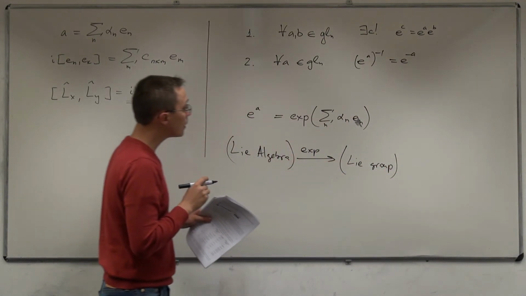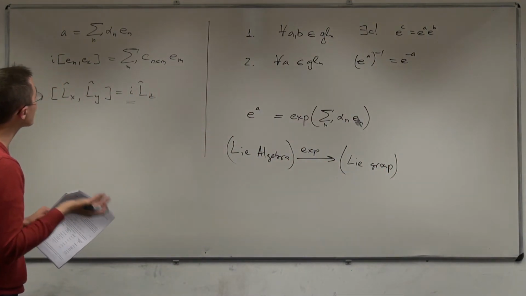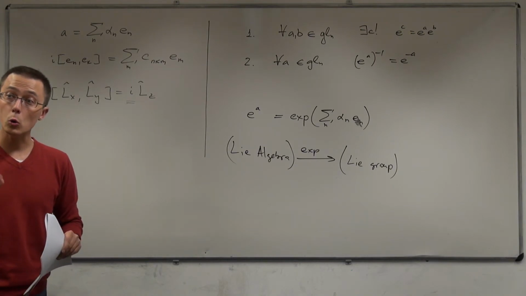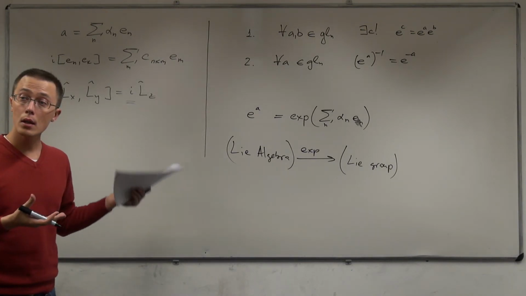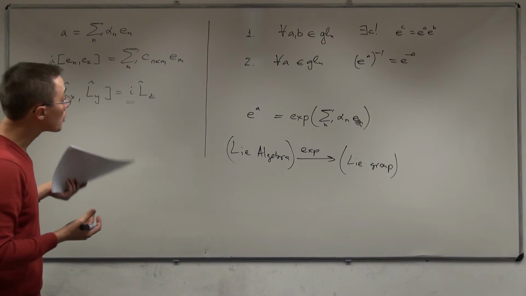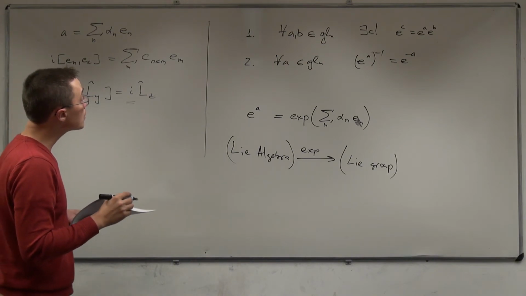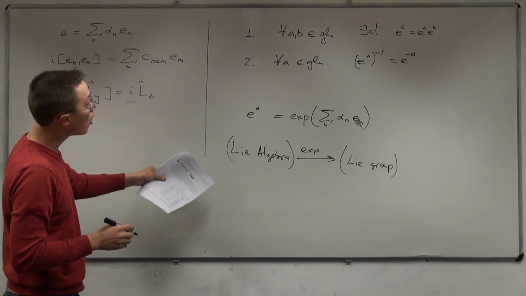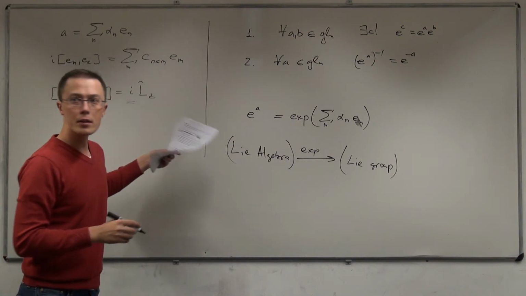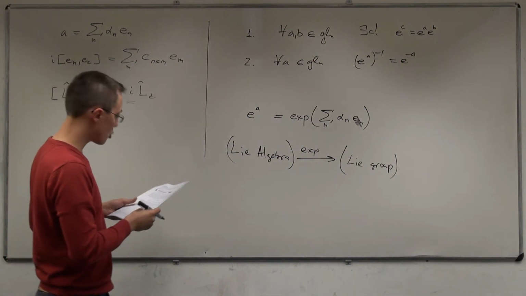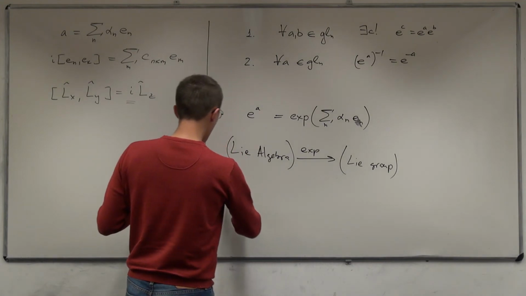And what now is left for us to do is to match up the groups that we already have seen with their corresponding algebras. And to do that, I need to add a few more properties to this, which aren't related to the definition, but will make the job a little bit more convenient.